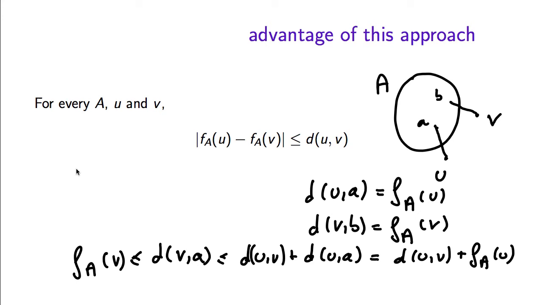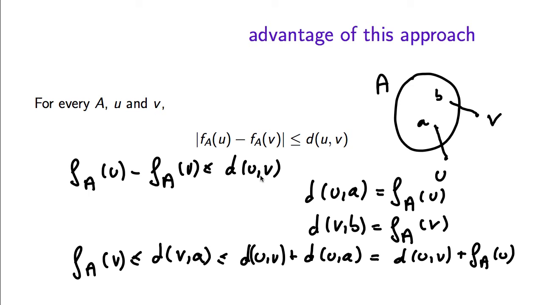So this shows fA(u) minus fA(v) being smaller than Duv. Now you just repeat the same argument but with the roles of u and v reversed, and you're going to get fA(v) minus fA(u) smaller than Duv, and so you have the required inequality.